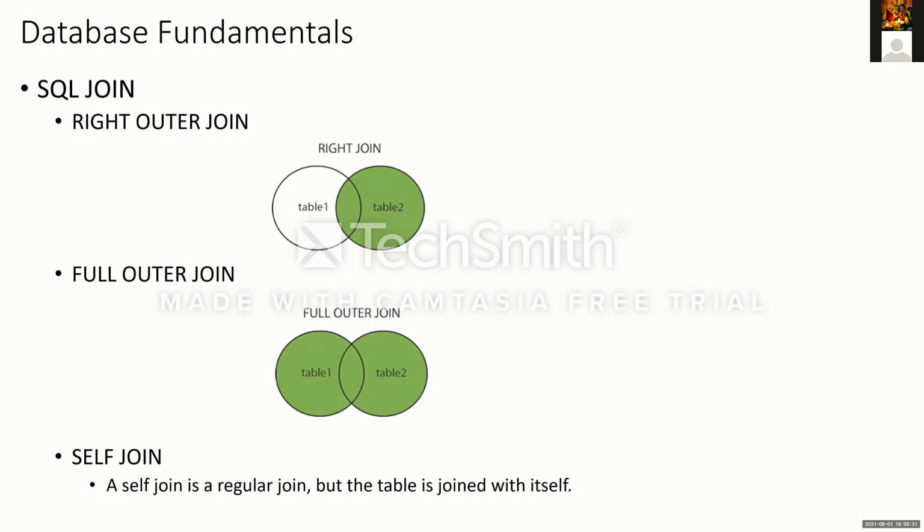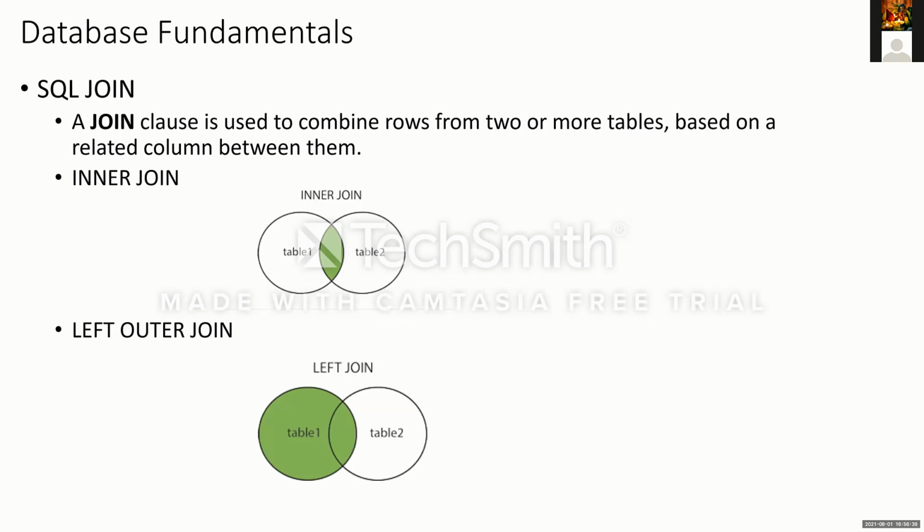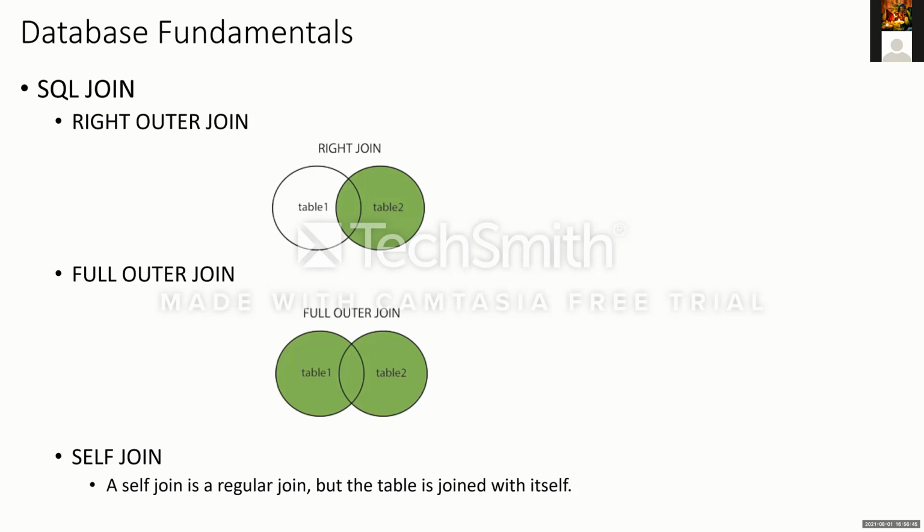Then comes self join. Self join is nothing but an inner join, but table 1 and table 2 are the same table. So how do we use this self join in PeopleSoft HCM, for very few requirements? Like if HR wants to know who is your supervisor or who is your manager for the past 3 years, then you do a self join.